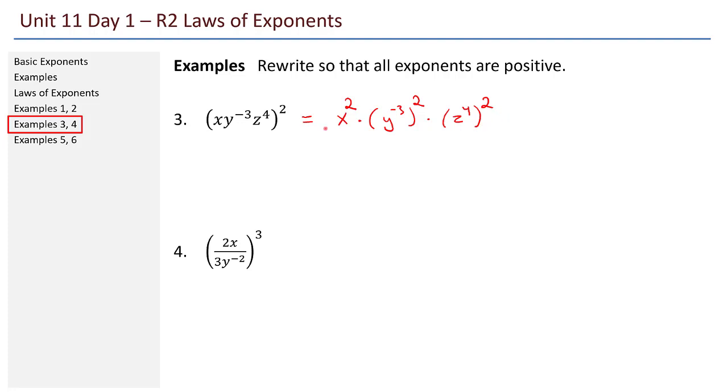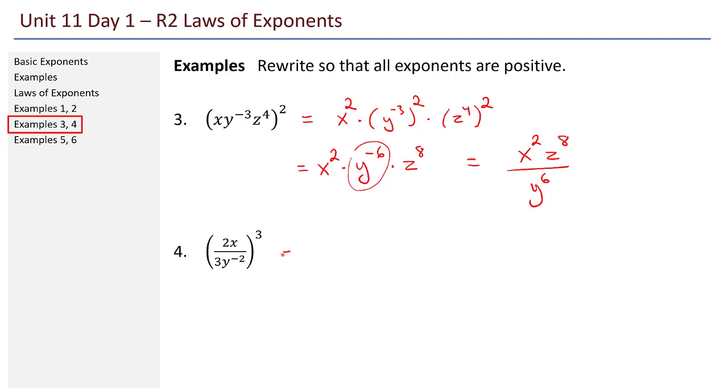And then I have exponents on top of exponents in a couple places, so let's simplify that. So that's x squared times y to the -6 times z to the 8. And then finally, let's take this y to the -6 and write it as 1 over y to the 6. And so that leaves me on top x squared z to the 8, and then on the bottom y to the +6.